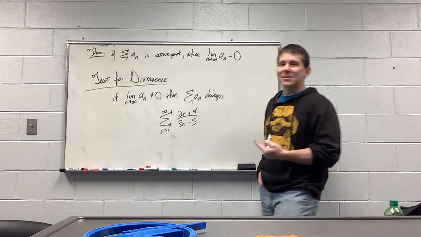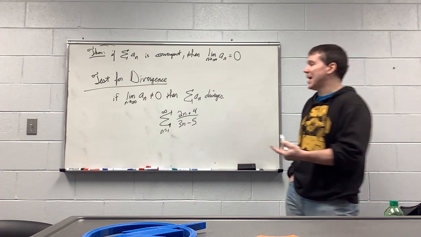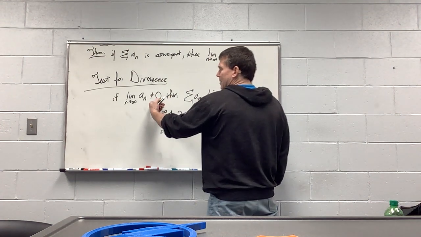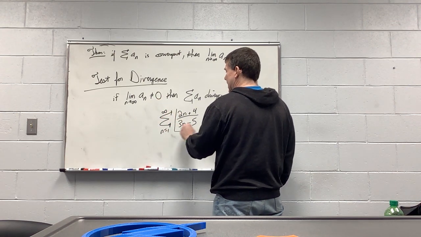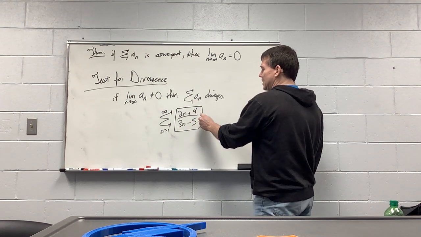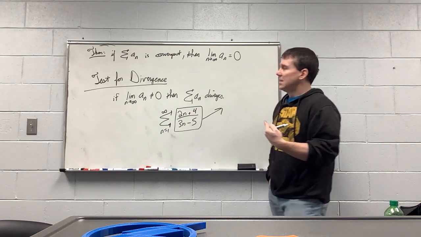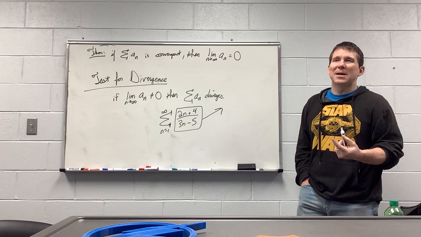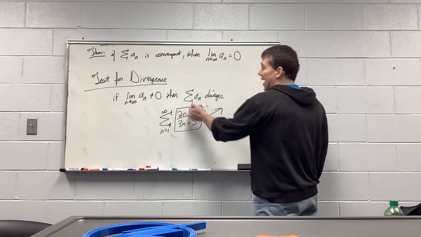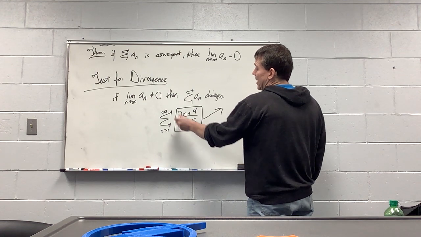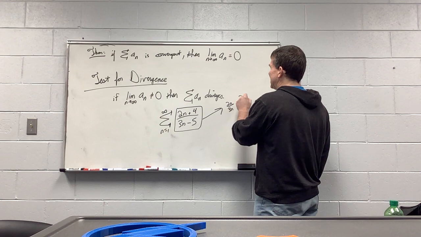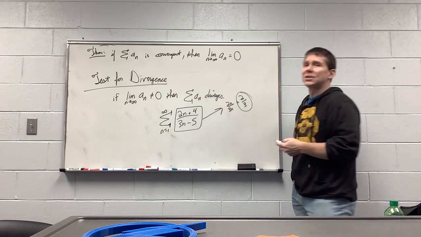Now, given the length of this video, we're going to shortcut this a little bit, but this test for divergence says I can look at the sequence. If I look at this sequence right here, I can go all the way back to my basic definitions of limits from Calc 1, and I know as n approaches infinity, this approaches 2n over 3n, but then the n's cancel, and it approaches 2/3.